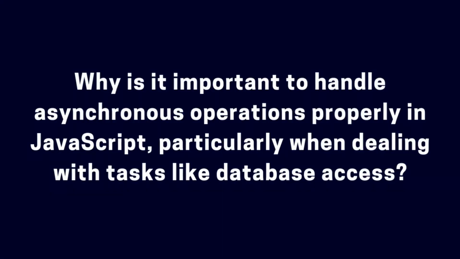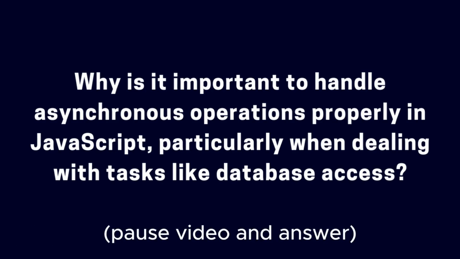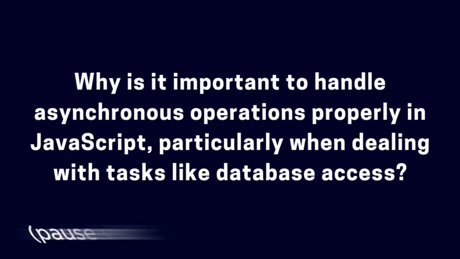Why is it important to handle asynchronous operations properly in JavaScript, particularly when dealing with tasks like database access? Handling asynchronous operations properly in JavaScript is crucial because it ensures that tasks like database access, which may take time to complete, do not block the execution of other code.